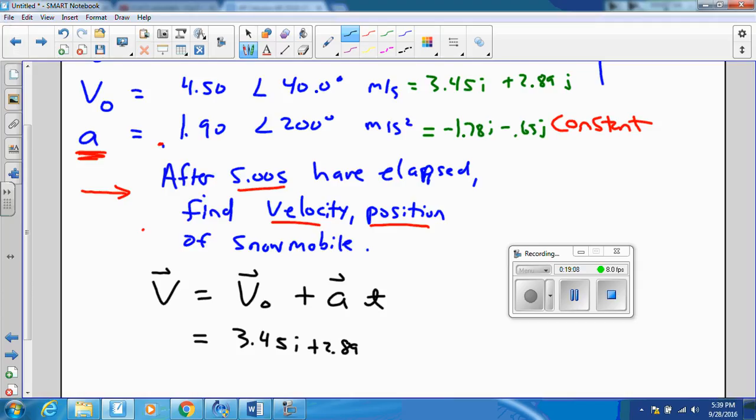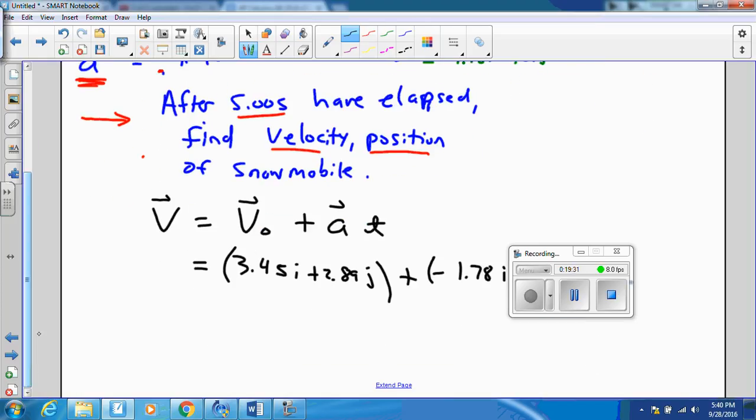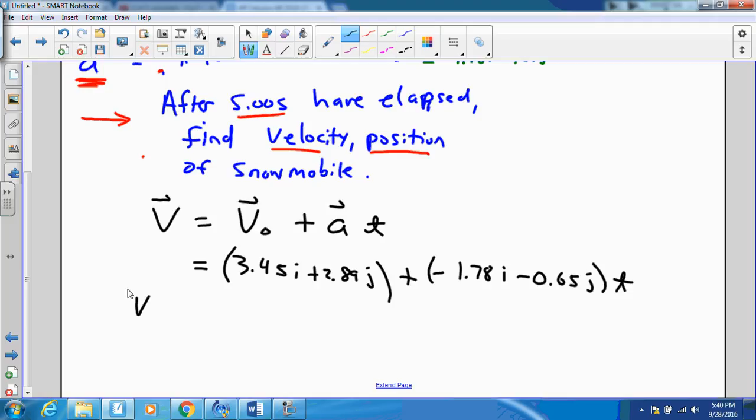In other words, I can directly plug in 3.45i plus 2.89j for my initial velocity. And I can directly plug in negative 1.78i minus 0.65j times time. And this is now the velocity as a function of time.